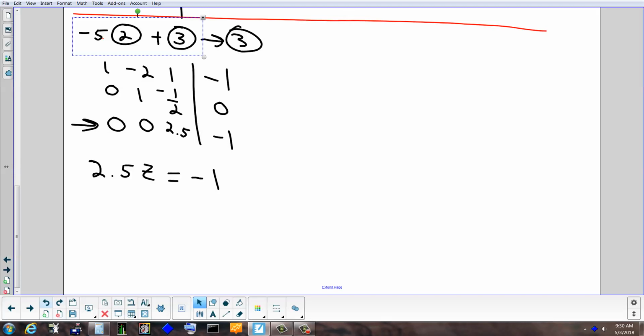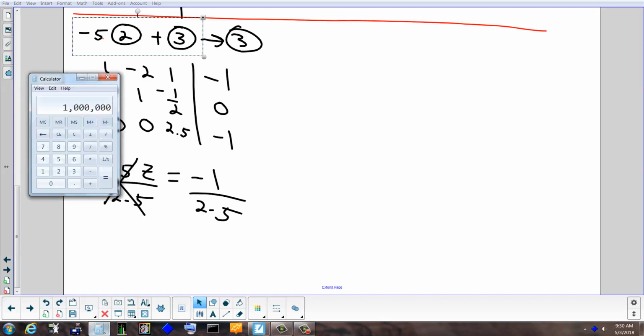Now, we can easily solve for z just by dividing. So that's like dividing by 5 halves, so it's multiplying by 2/5, so that should be -0.4. If I did that right? Yeah, -0.4.